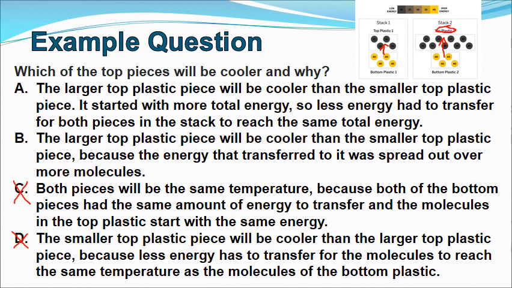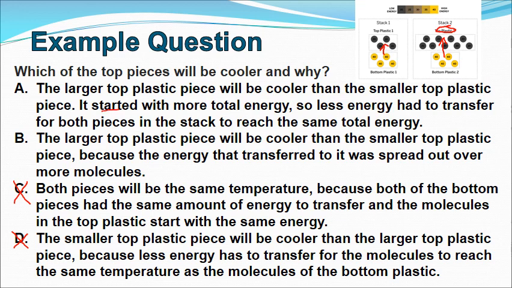A says the larger top plastic piece will be cooler than the smaller. It started with more total energy, so less energy had to transfer for both pieces in the stack to reach the same total energy. And B says the larger top plastic piece will be cooler than the smaller because the energy that transferred to it was spread out over all molecules. So let's look at A, at the second sentence.